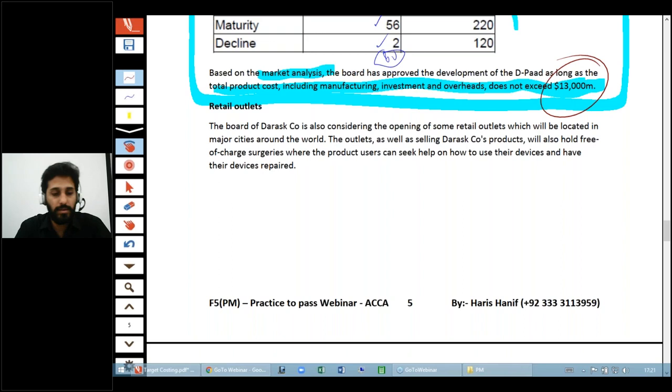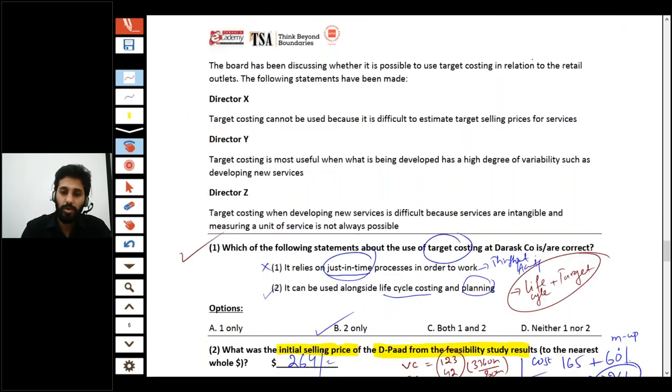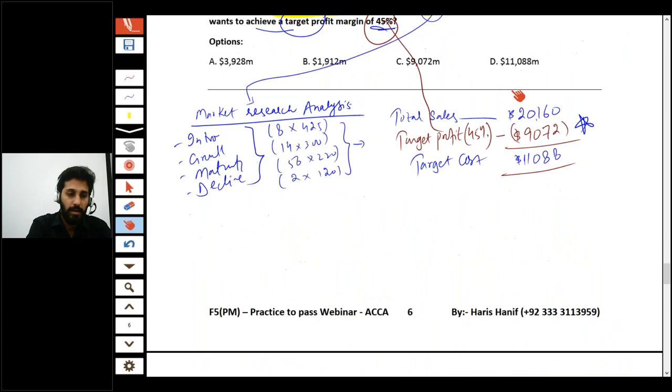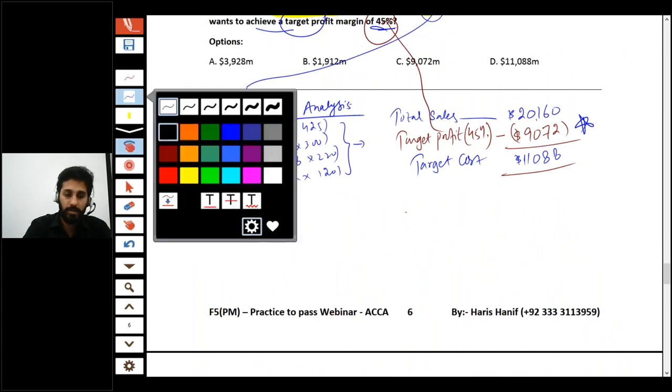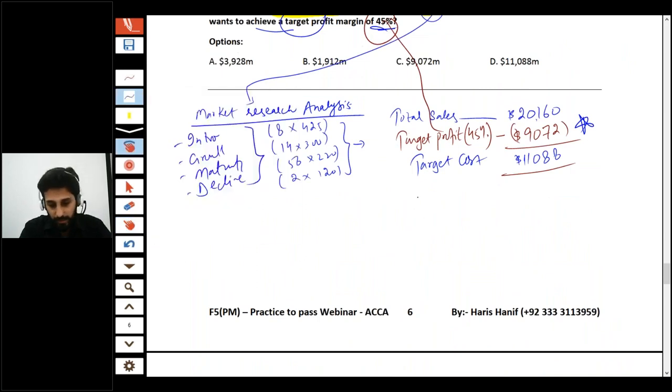And you should compare with this thing. The estimated cost, it's 13,000.